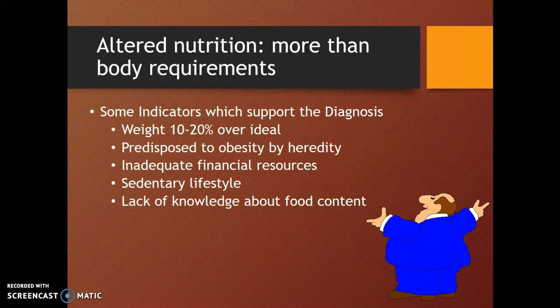Of course, a bag of apples costs more. So with limited financial resources, they're going to eat the chips. They're going to eat the poor ground beef that is 70% lean rather than eating a turkey that is 99% lean. So we need to take a look at what the financial considerations are for these people.